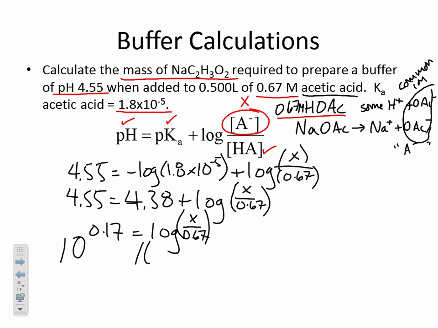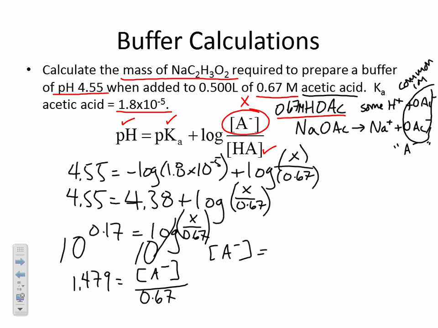If you take both sides and make them the exponent for 10, you get the log to go away. And I get 1.479 is equal to X over 0.67. So solving that, you get that A minus, your acetate concentration, is 0.991 molar.